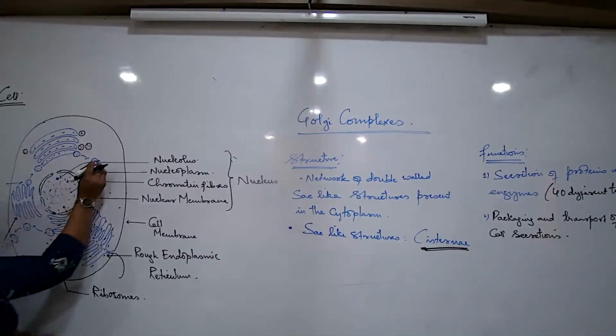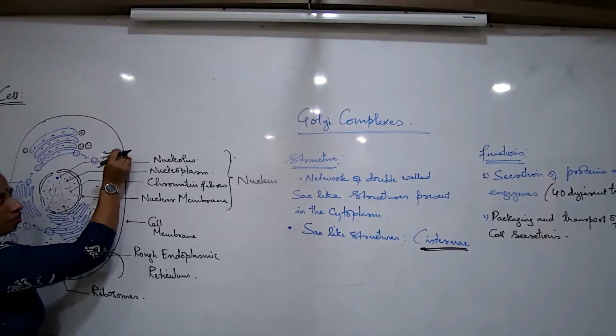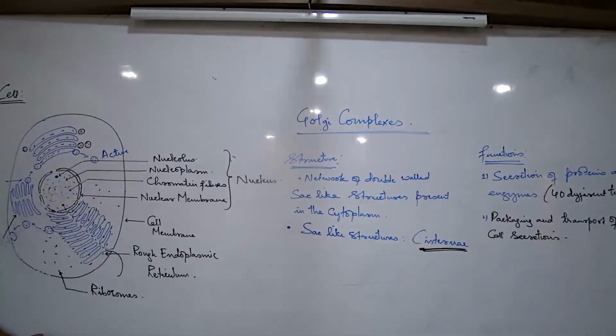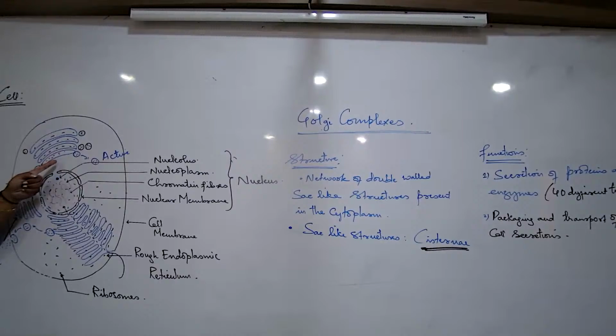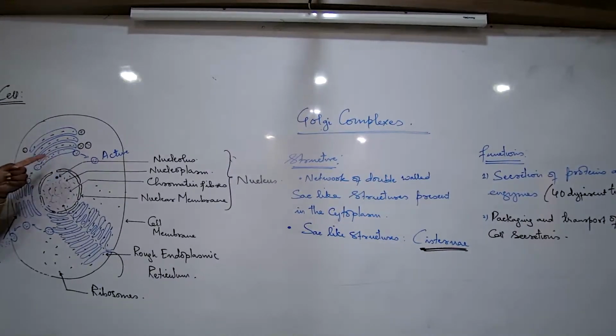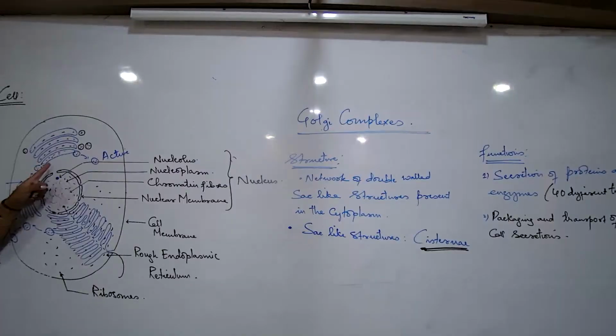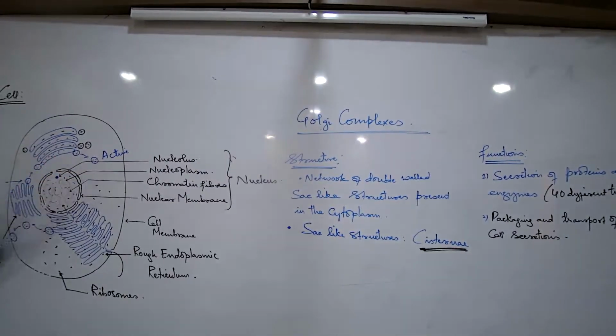This is now active, meaning it is now capable of showing its function. So what was the job of the Golgi here? It did the function of packaging, processing, and then its transport.